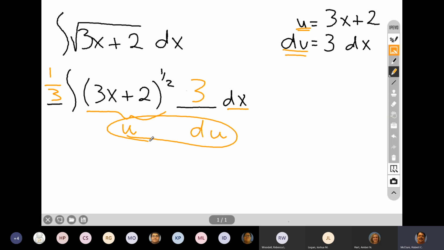That's what you're trying to get in some form, some way. So now I can move on, and this time I can rewrite my integration like this: 1/3 antiderivative of u to the 1/2 du. And now all you have to do is take the antiderivative of u to the 1/2 power, and that's going to give you 1/3 times u to the 3/2 over 3/2.